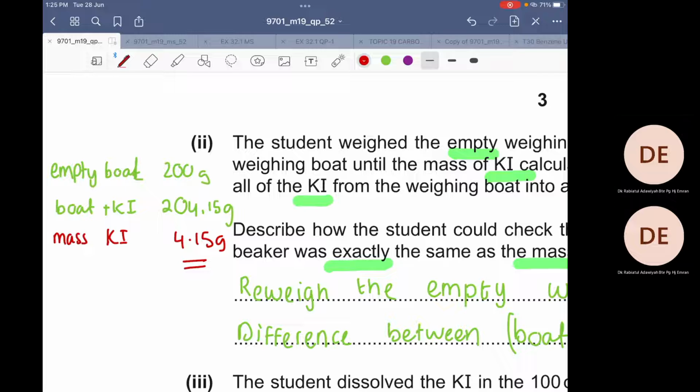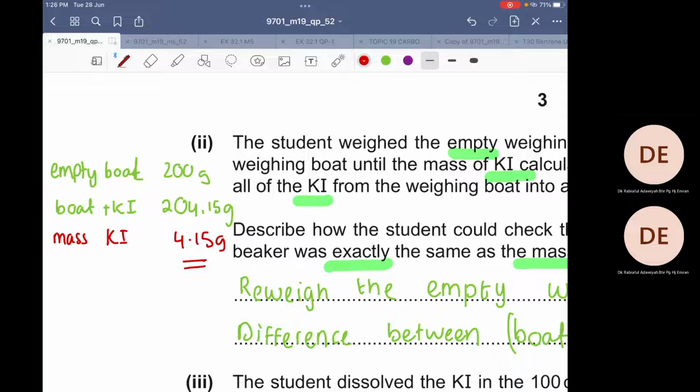However, for this procedure, after the student measures the mass of boat plus potassium iodide to be 204.15, what he did was he transferred the solid to the reaction mixture. Now, the problem with this is after you transferred the whole thing, it looks like the weighing boat is empty, right?